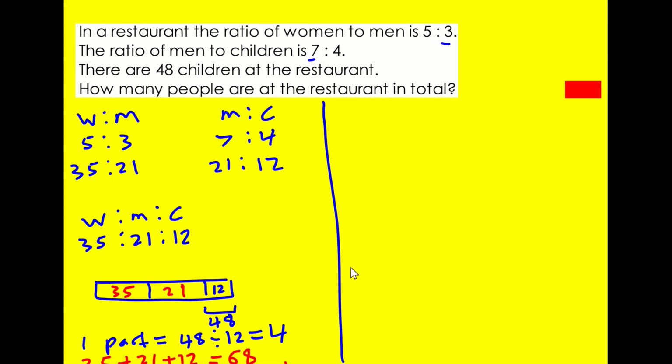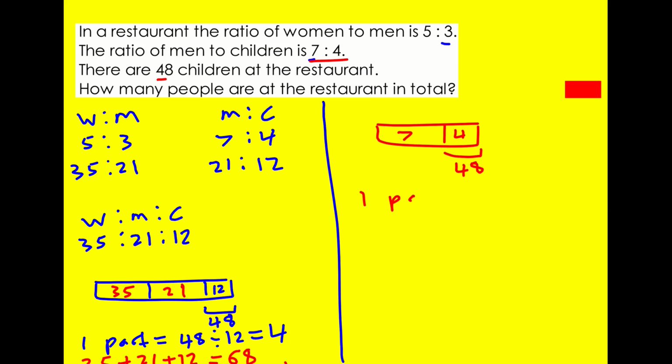There is another way of doing this problem that perhaps you thought about. In this case, because we're not asked for the ratio, we could actually just use the one part directly to get the number of men. So we'd see that this is worth 48 now.